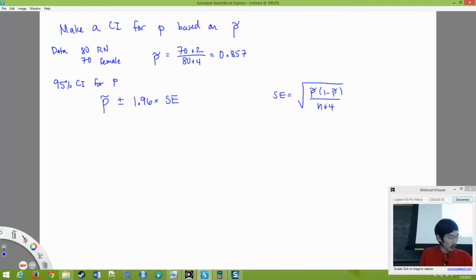Anyway, we use that to create our confidence interval. So we're going to have 0.857 plus or minus 1.96 times all of this.